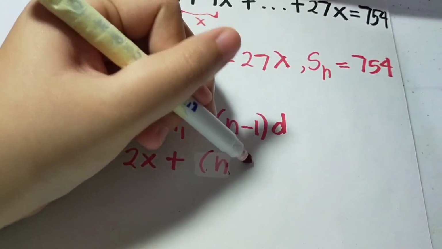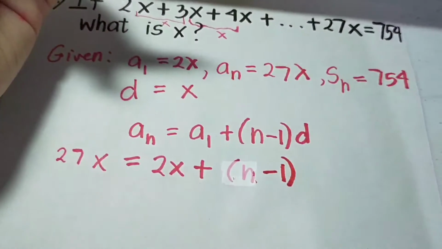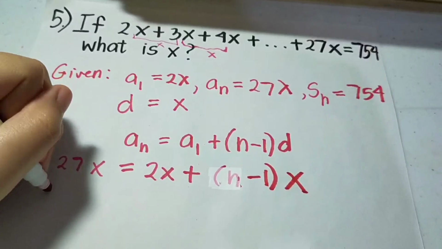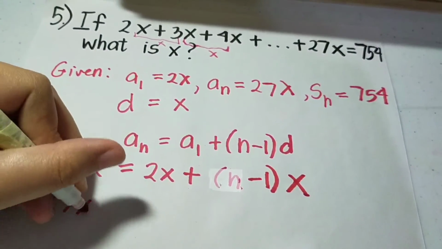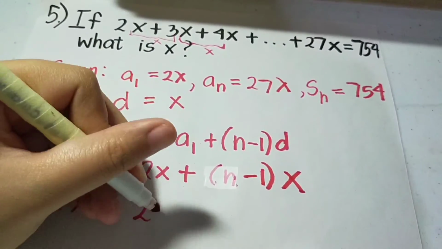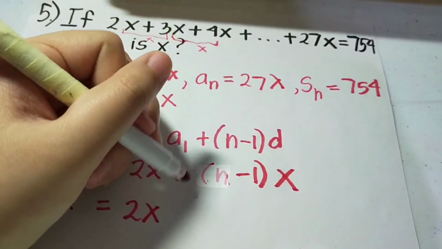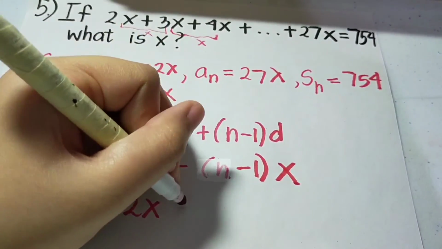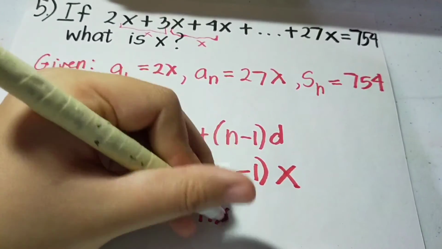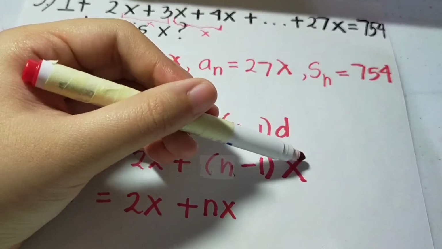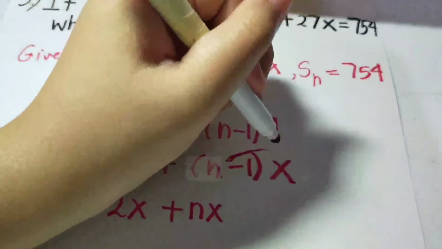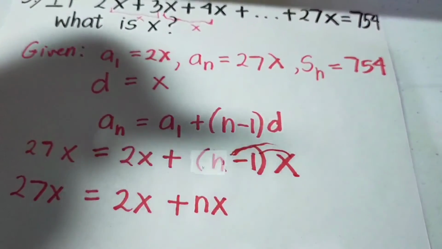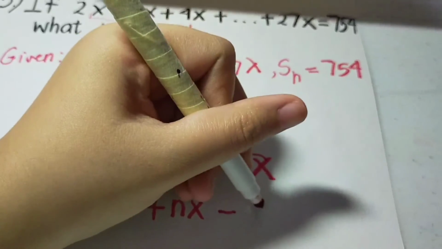And minus 1. Ang ating common difference ay x. This one. So, 27x is equals to 2x, n times x is equals to plus nx. I-distribute lang natin. And negative 1 times x or x times negative 1 is equals to negative x.